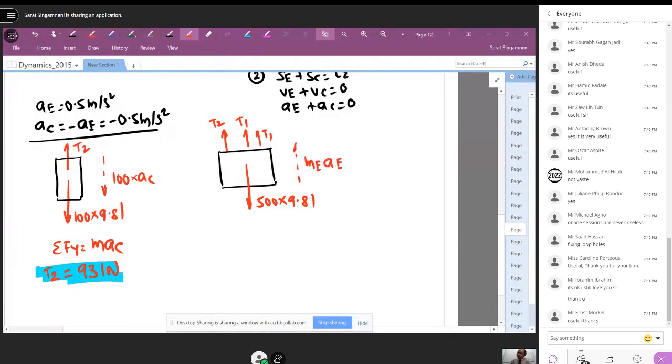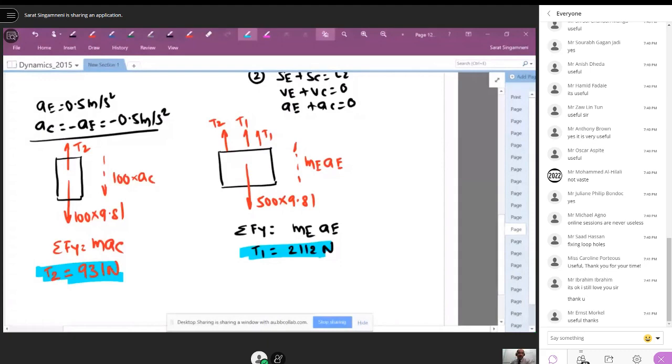So you can use sigma Fy is equal to mass of e times acceleration of e. This is the equation of motion. After doing this, you will get tension 1 is 2112 Newton. That is the next answer we need.